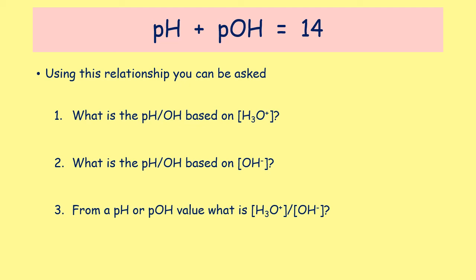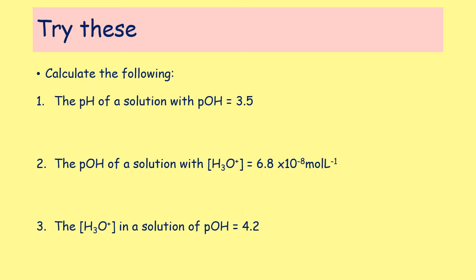You could be asked to calculate the pH or the pOH based on a concentration of hydroxide ions. Or you could be asked to determine the concentration of H3O+ or hydroxide from a solution where you've been told the pH or the pOH value.